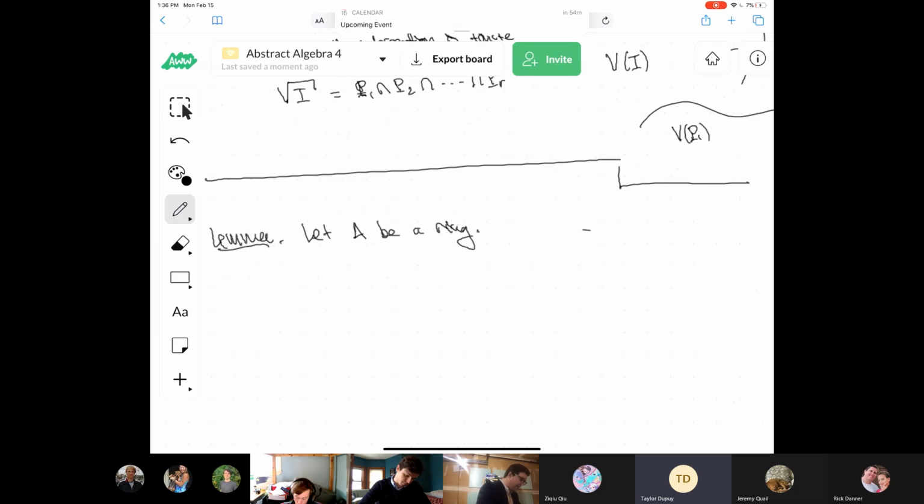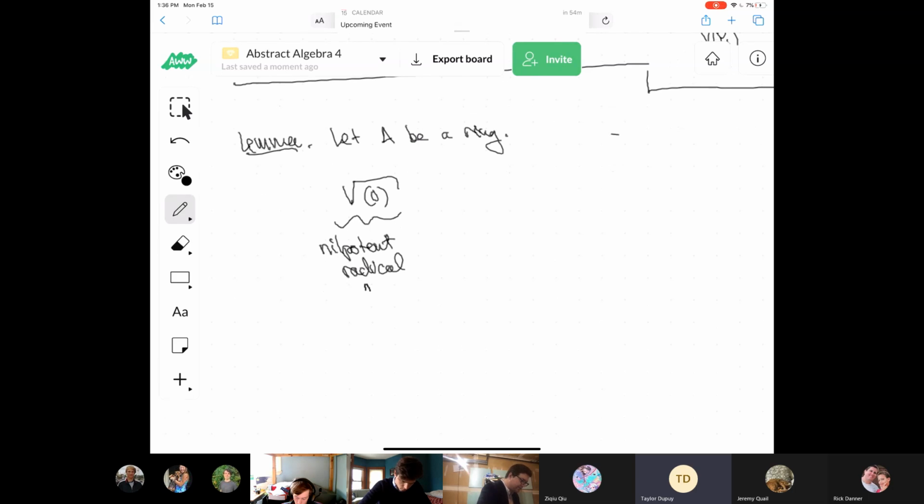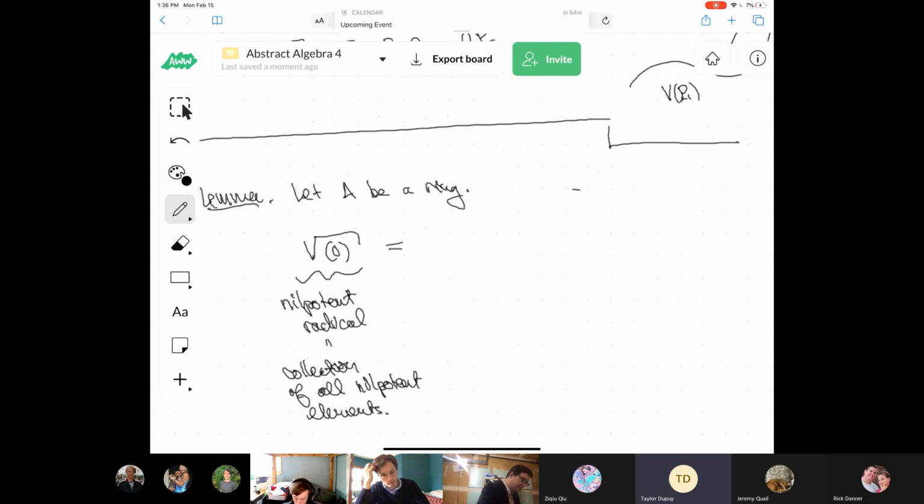The radical here is what's called the nilpotent radical, the collection of all nilpotent elements. This is just going to be the intersection of all prime ideals.